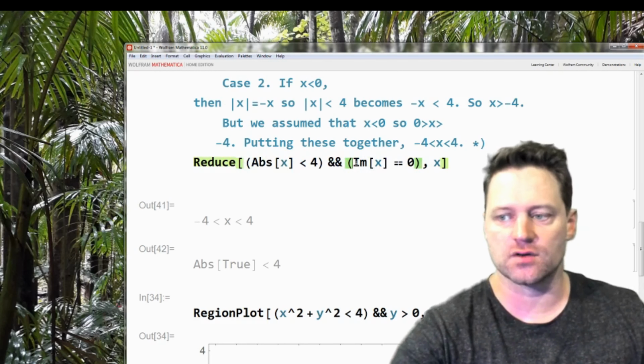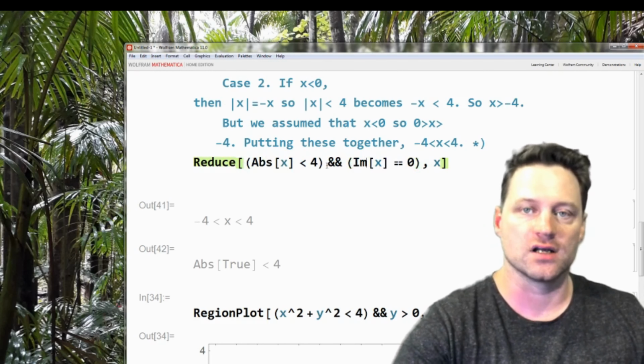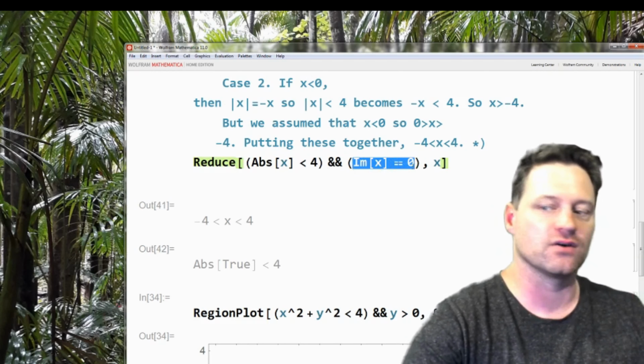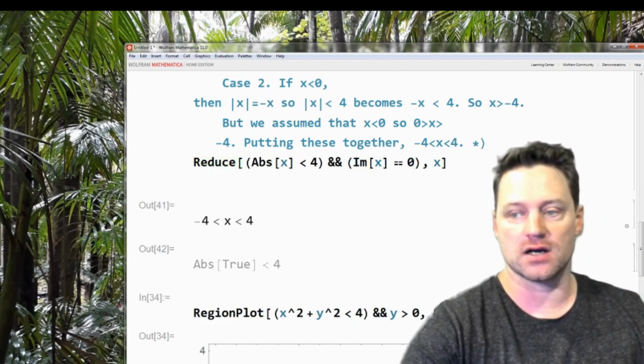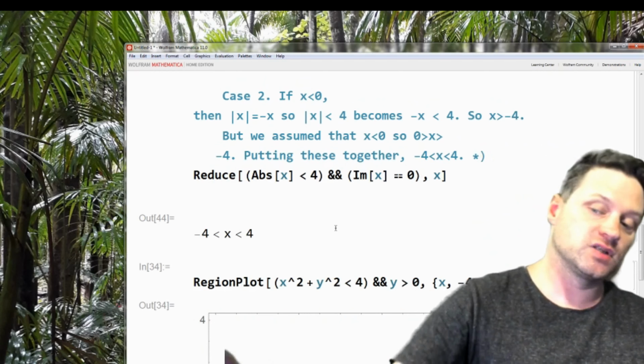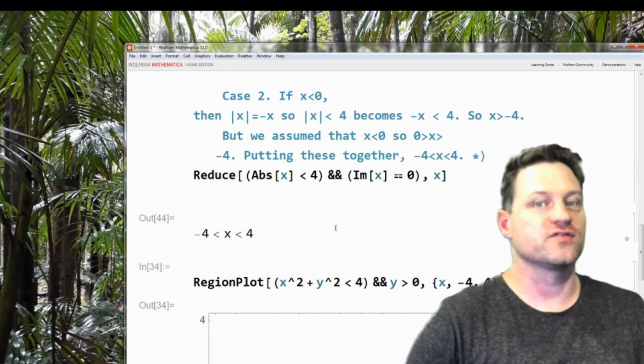So you just say this is a real number, by saying that the imaginary part is equal to 0. And that does the job, as you can see right down here. Shift enter, and you'll get x between -4 and 4. Okay, so that does it.